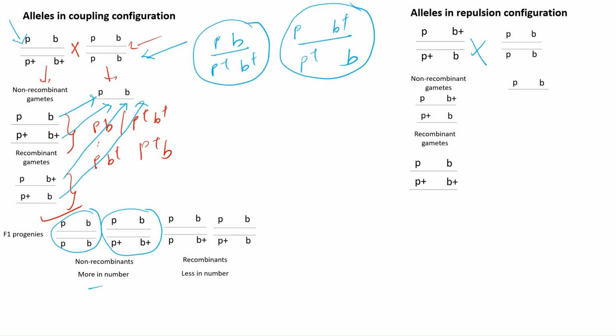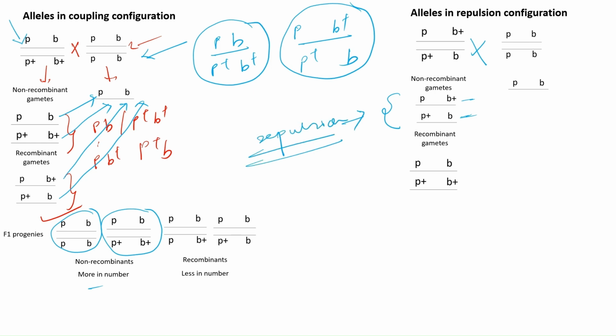So we will get more of the non-recombinant gametes. What are the non-recombinant gametes here? P B plus and P plus B. This combination is recombinant in coupling configuration, but non-recombinant in repulsion.